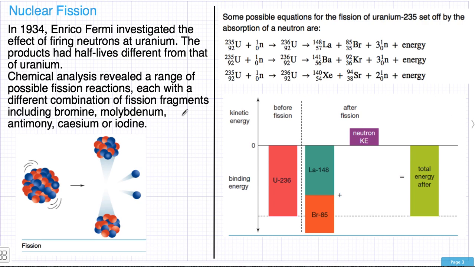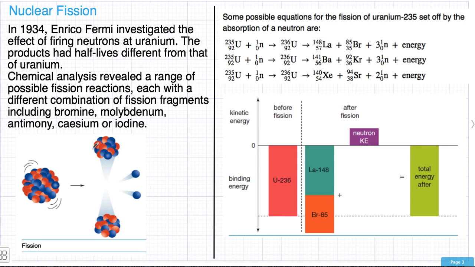Nuclear fission was first investigated in the 30s by Enrico Fermi, who was firing neutrons at uranium, and he found that the products that split off actually had different half-lives to the uranium he started with, so he's very excited. He thought he'd discovered some new elements, but what had actually happened is his uranium that he was firing neutrons at had split into fission fragments.